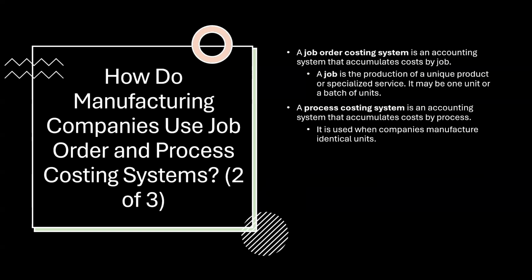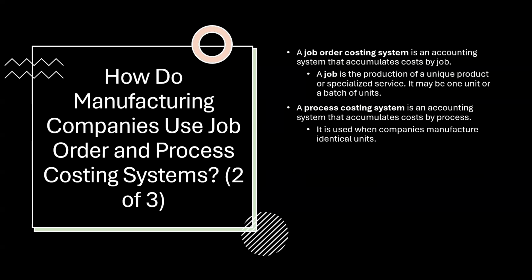In this system, costs are accumulated for each specific job or batch. Industries that typically use job order costing include accounting firms, music studios, healthcare providers, building contractors, of course, and custom furniture manufacturers.